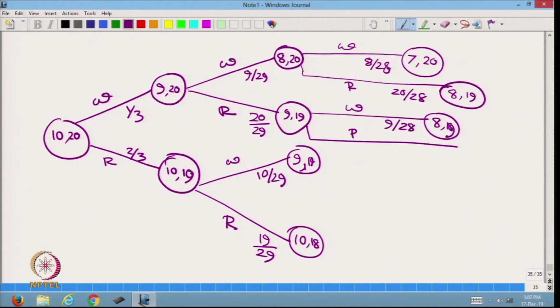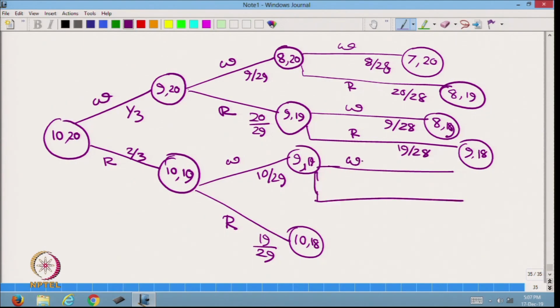If this is a red, this is going to be 9,18, and that probability is going to be 19/28. If this is a white, we are going to get 8,19, and that probability is going to be 9/28. This is going to be red, that probability is going to be 19/28, and we are going to get 9,18.